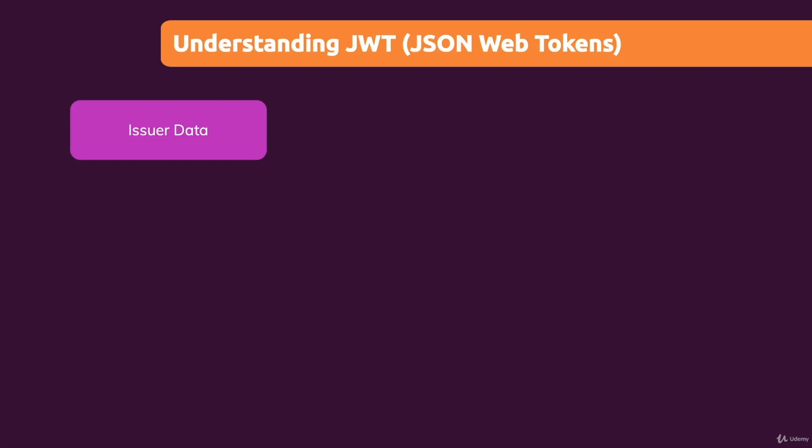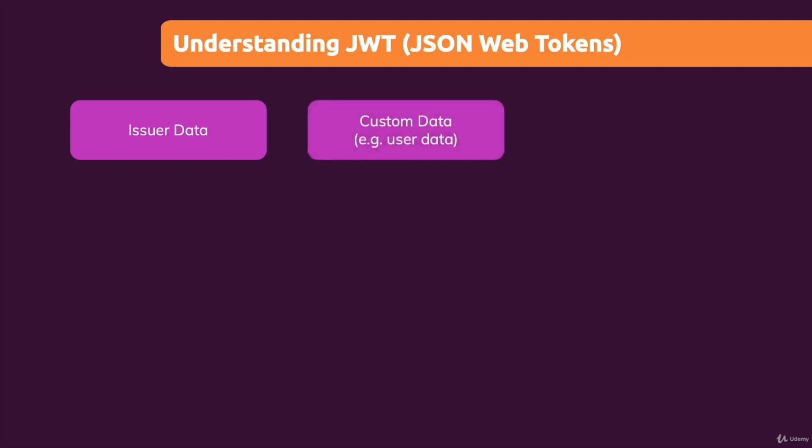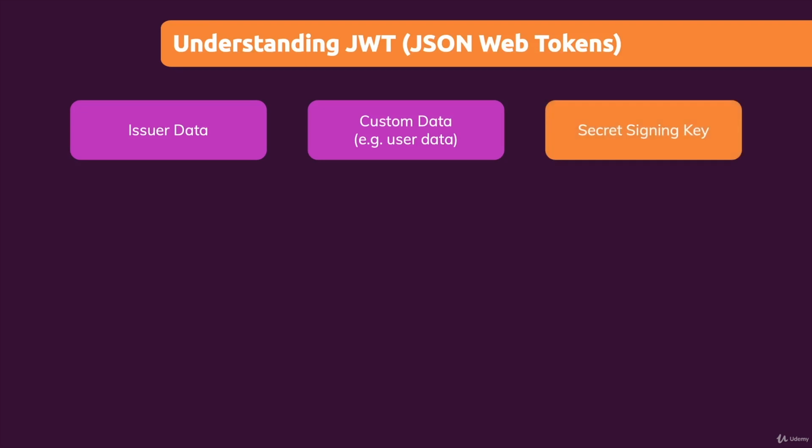We can then still also add custom data to our token, for example, some information about the user. And then, very important, we also set up a secret key. We set up that key on the server. The client never gets to see that key, and that's important because if you have that key, you can create valid tokens which are accepted by the server.